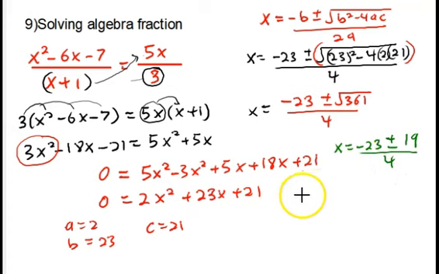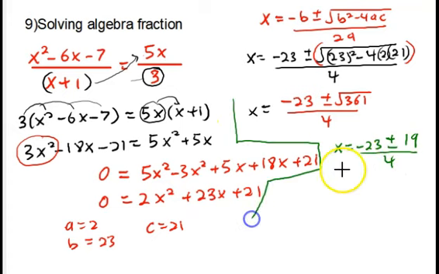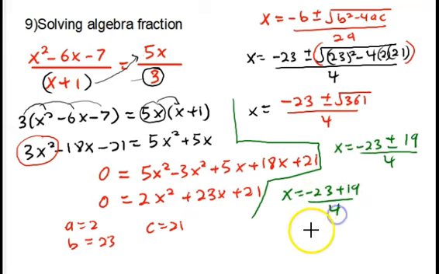Which means x is negative 23 plus 19 divided by 4, or the other one is x. There is no space, so let me write it down somewhere else. Let me erase this place.